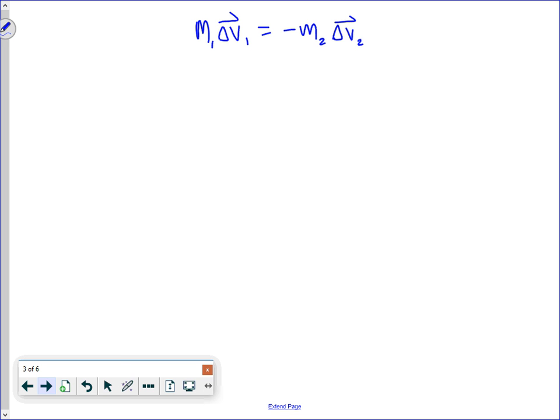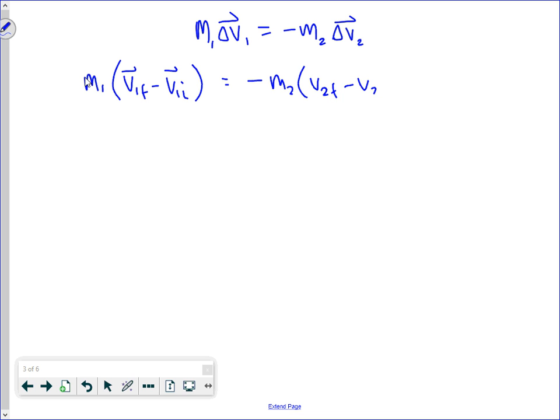But we can explicitly show what that means if we expand this a little bit and write it like this. Well, delta v1, v1 final minus v1 initial. Agreed? Negative m2 delta v2, v2 final minus v2 initial.